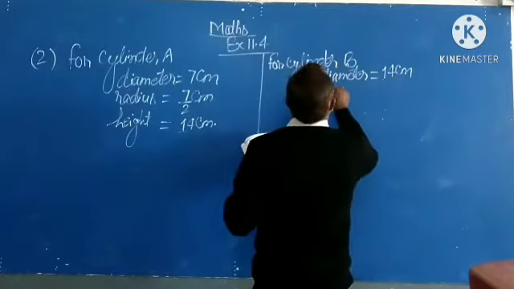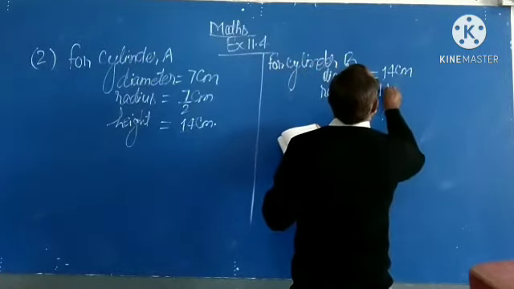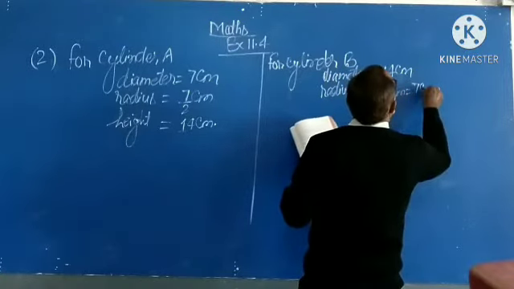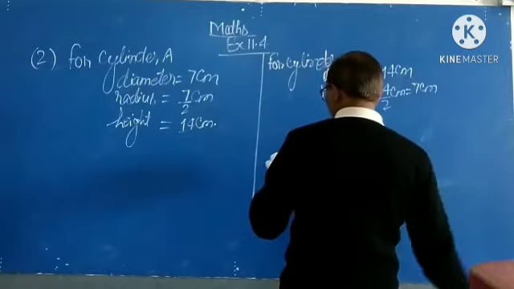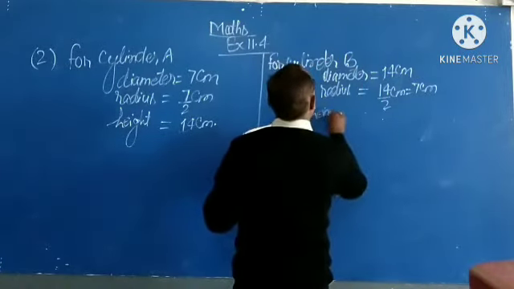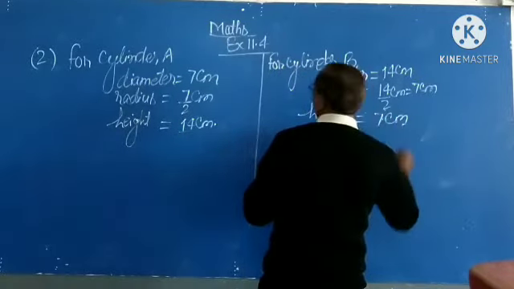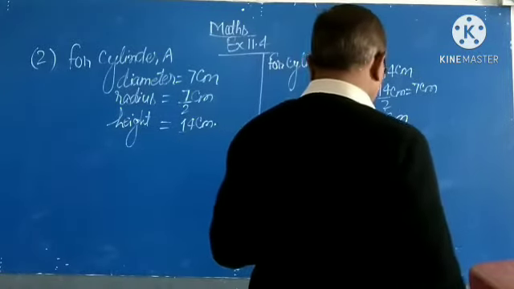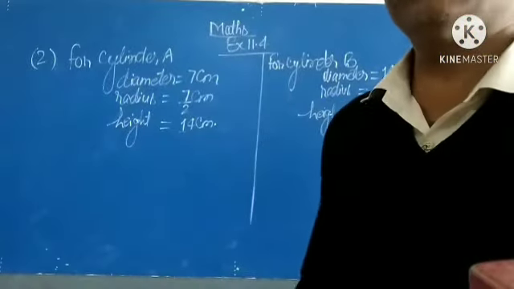Then radius is equal to 14 upon 2 centimeter, means 7 centimeter. And height is equal to 7 centimeter. Okay, we are going to find out the volume of both cylinders by using the formula.